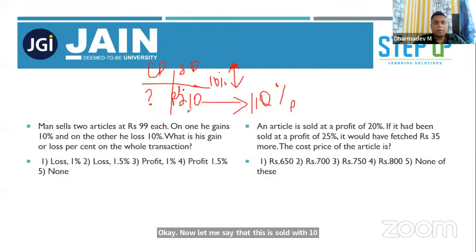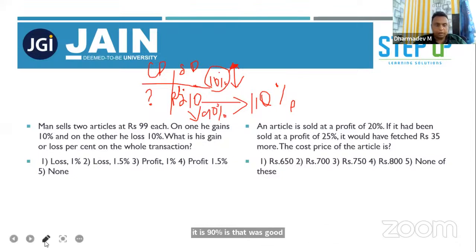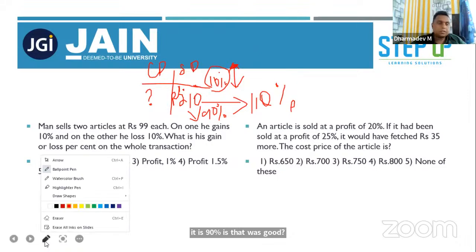Then how many percentage is it? When I say this 210 is with 10 percentage loss, then how much is it? 90 percentage. That was good. Okay, clear with that, right? Are you clear with the concept?